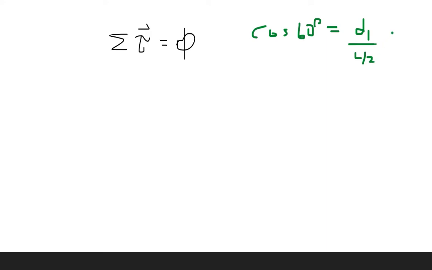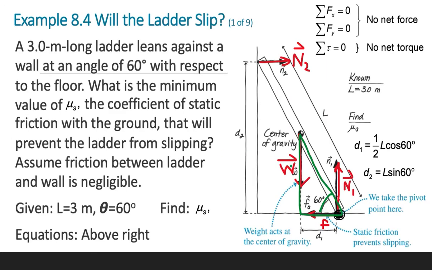We multiply both sides of the equation by L over 2, and you're going to get D1 is equal to L over 2 cosine theta, which is 60 degrees. And that's how we get that.